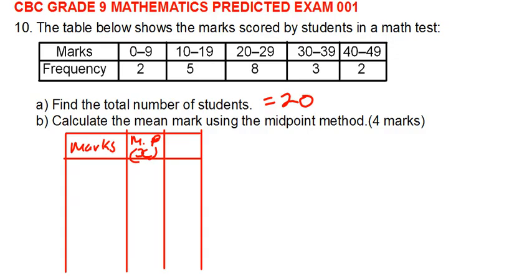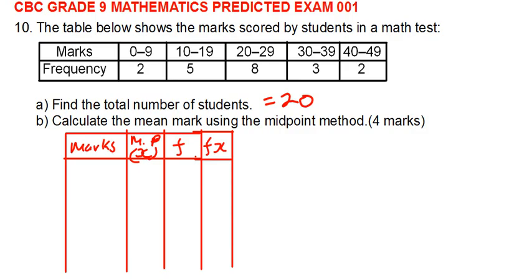The other one is the frequency, f. We need another column, which will be the product of f and x.